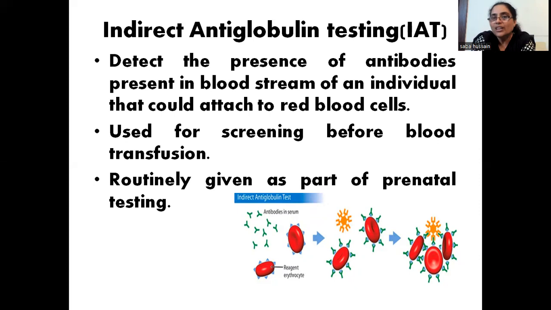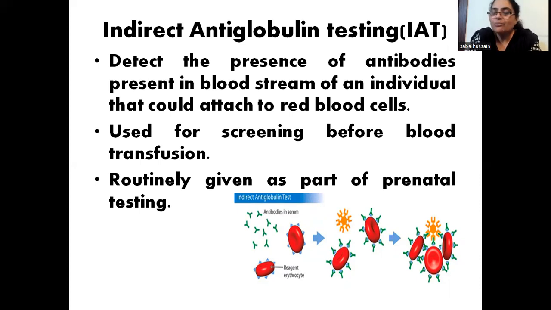For example, if an Rh positive father is there and an Rh negative mother is there, and the mother conceives a baby which is Rh positive, that Rh positive blood comes in contact with the mother's blood. In the first baby, what will happen? Rh antibodies will be formed in the mother's blood. So during a second pregnancy, these Rh antibodies can attack the second baby if it's again Rh positive.